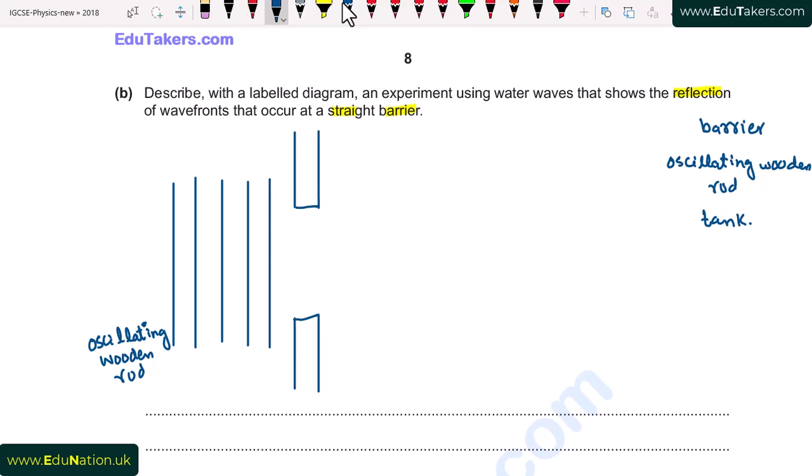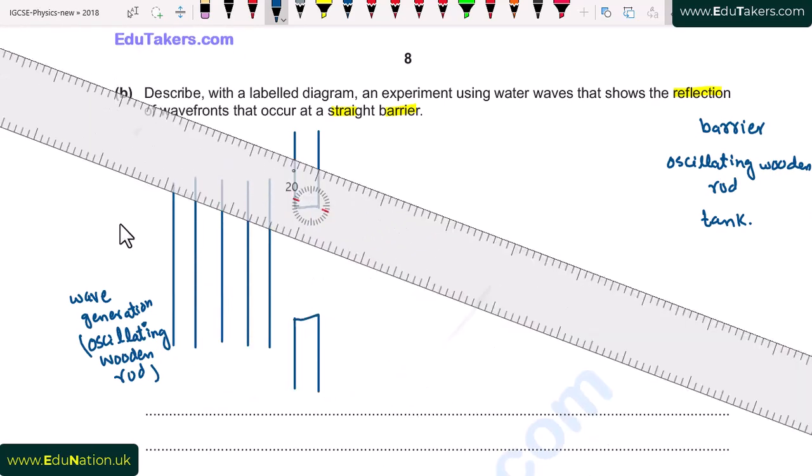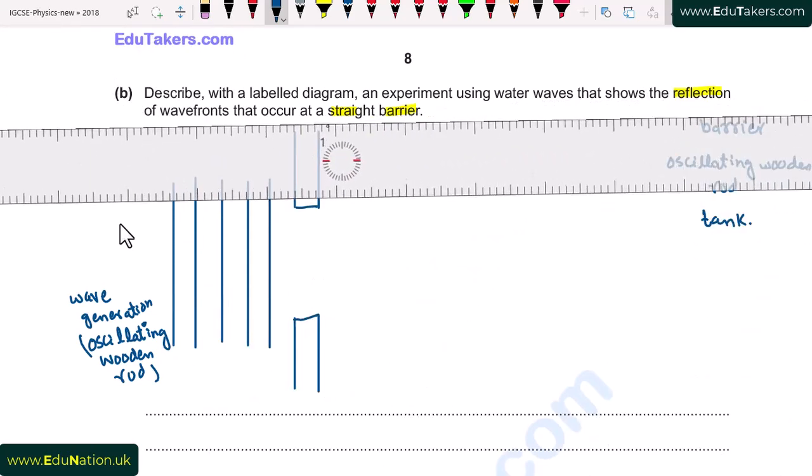I write here wave generation. So all of this must be placed in a tank. So I enclose this because the water wave must be enclosed in a tank.